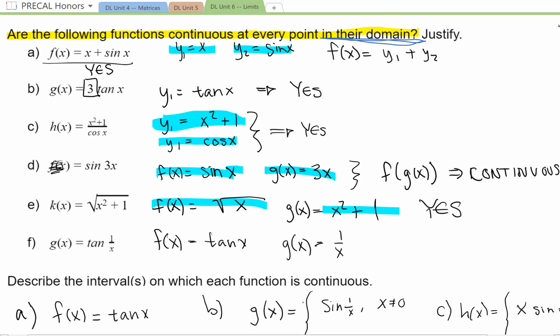There aren't jumps, there aren't kinks, there aren't holes going on. Okay, for the simple tangent x and 1 over x, they are continuous functions for every point that's in their domain. Therefore, the composite of those functions is also continuous.